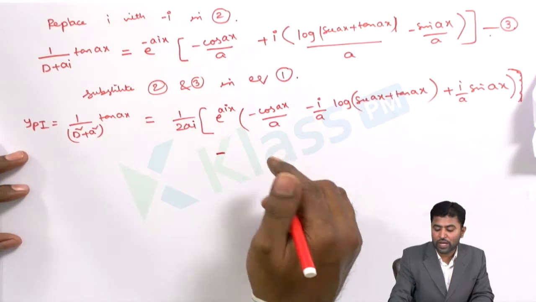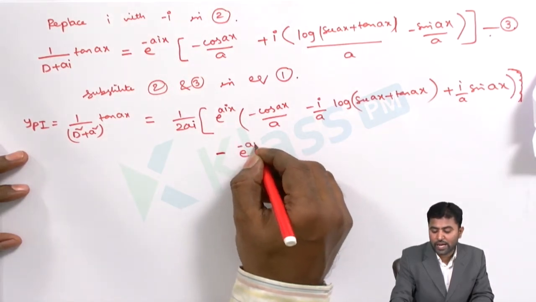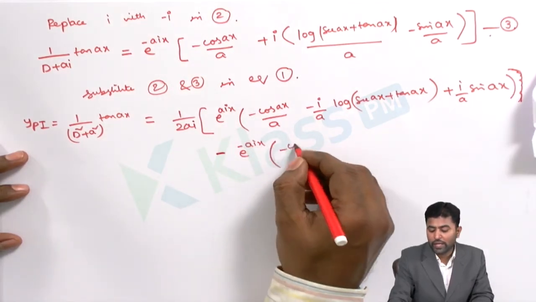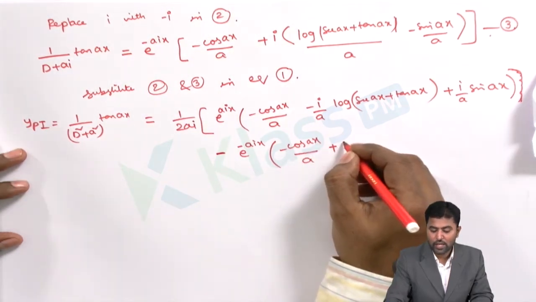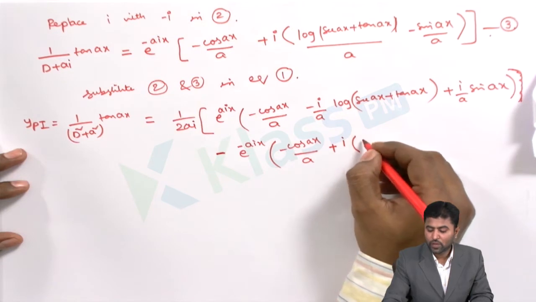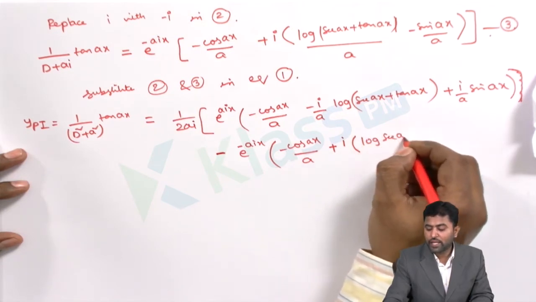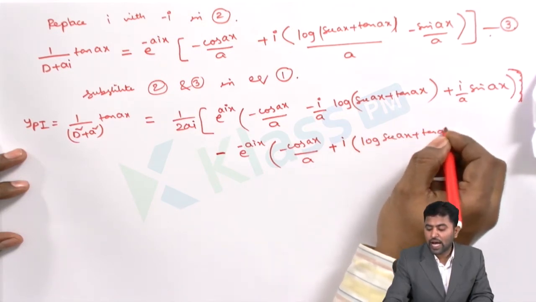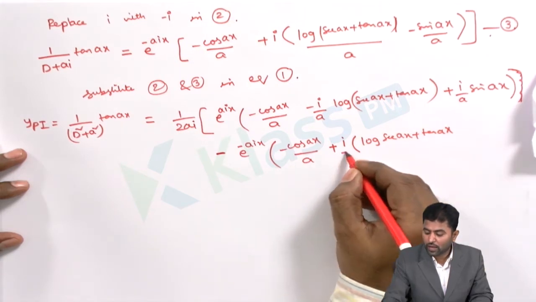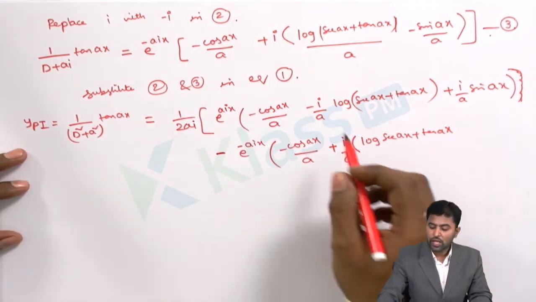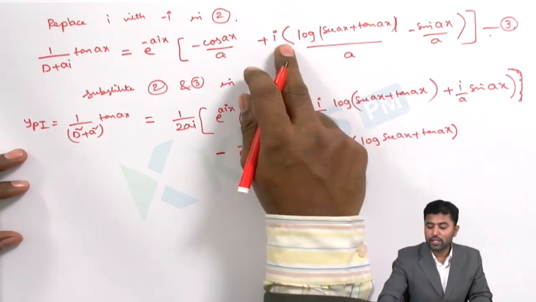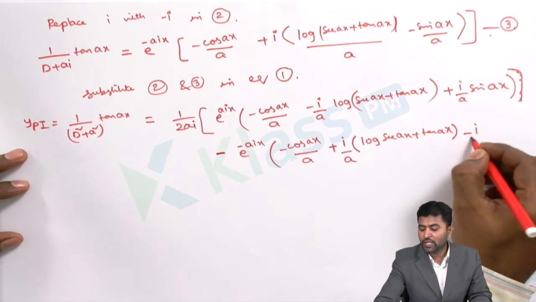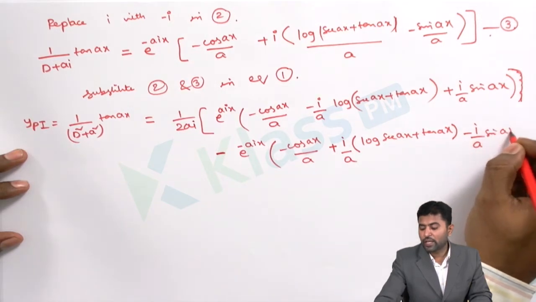We have to substitute this value, e power minus iax into minus cos ax by a plus i by a log secant ax plus tan ax. Then here also I'll multiply it, so minus i by a sin ax.